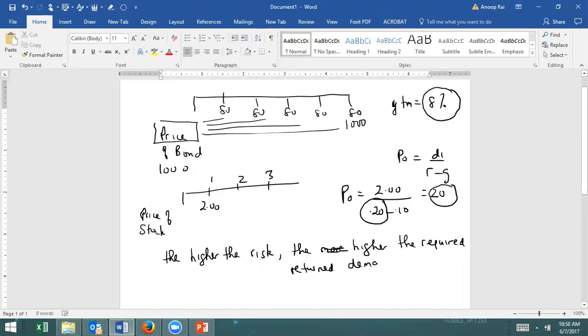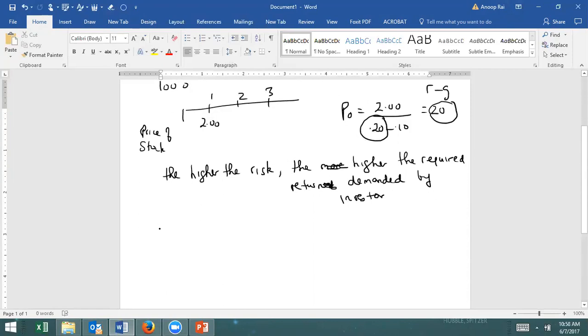That seems pretty logical, right? But we need to come up with a way to quantify it. So the higher the required return demanded by the investor at this point.